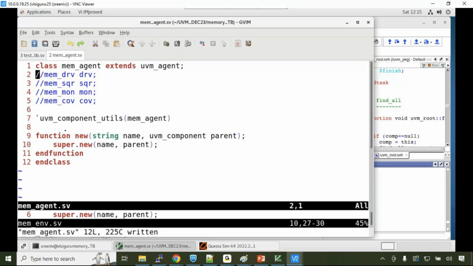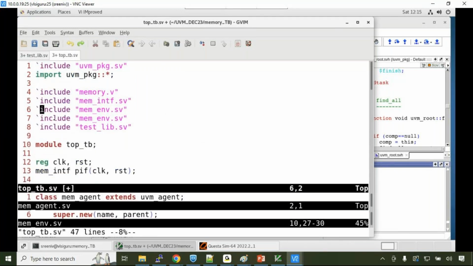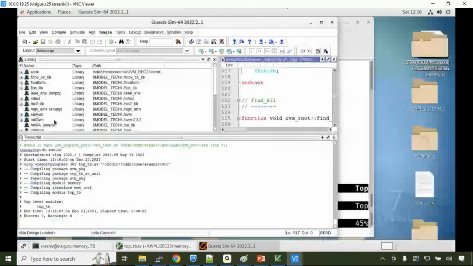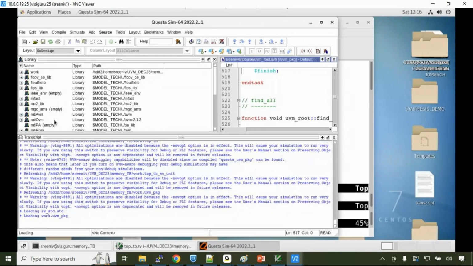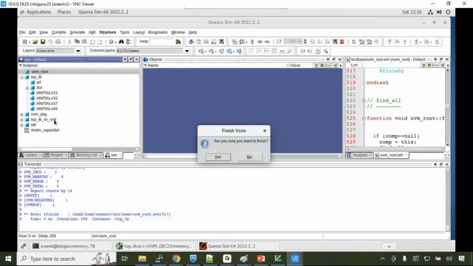Now to run this, go to top TB. Agent. I run this. Now the new test bench structure will come. Agent coming below the environment.